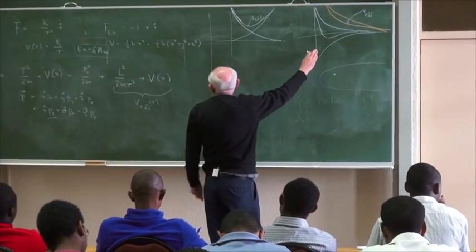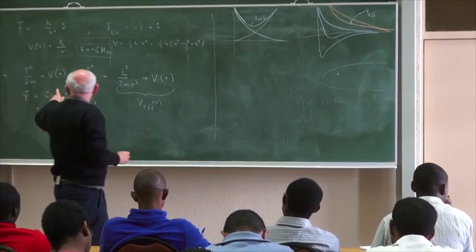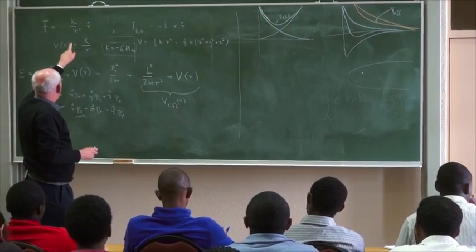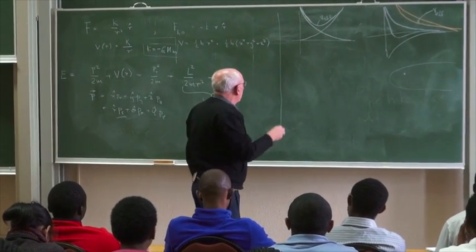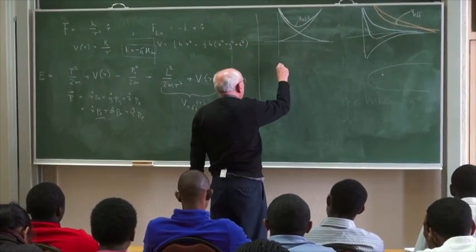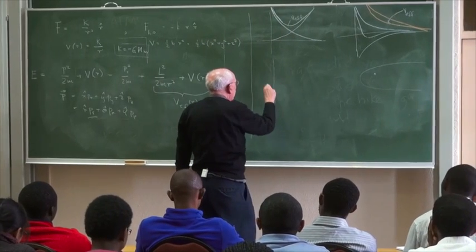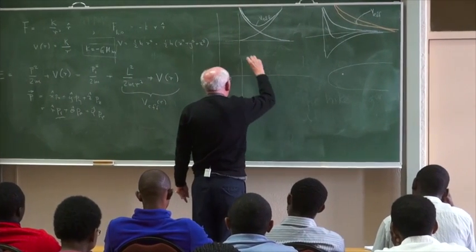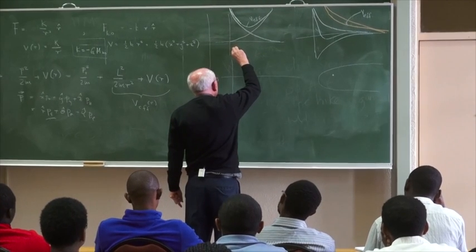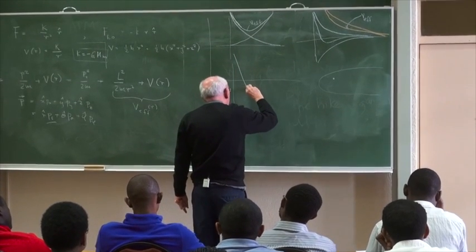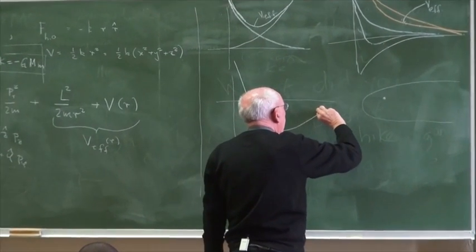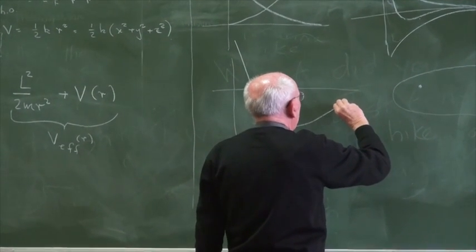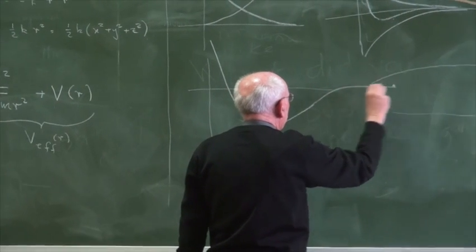So we're looking at this force, the gravitational force, and as we said, we're looking at a case where L is such that the total force goes negative, and then it goes something like this.